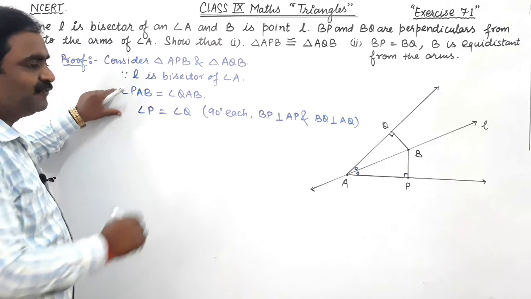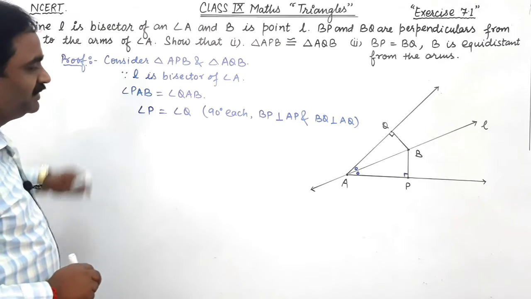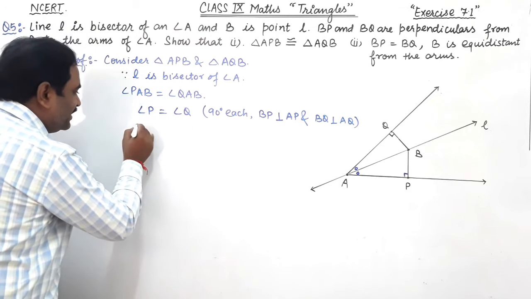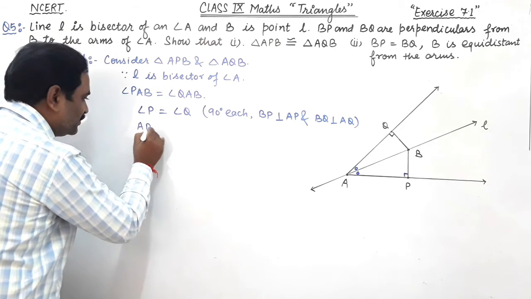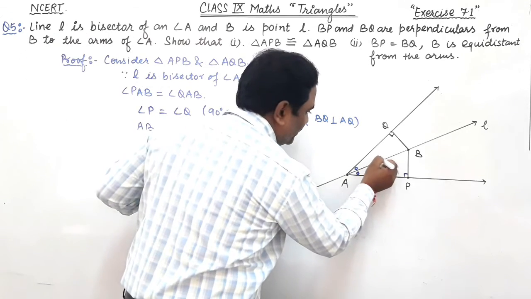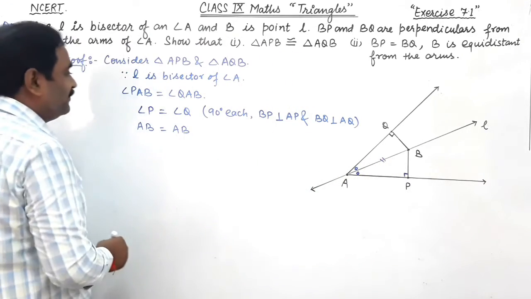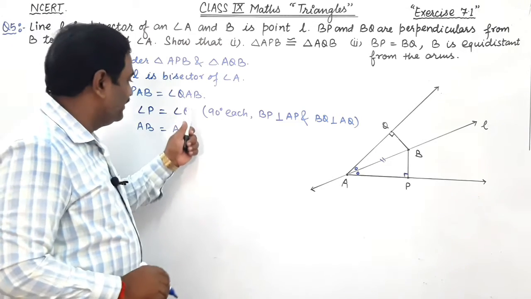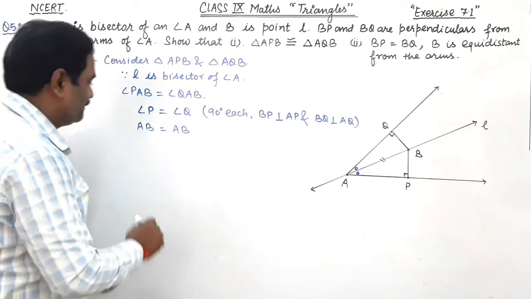So two angles of these two triangles we are getting equal, and side AB is common in both. Do you see? Side AB is common in both triangles. Therefore, both triangles are congruent by the angle side congruence rule.